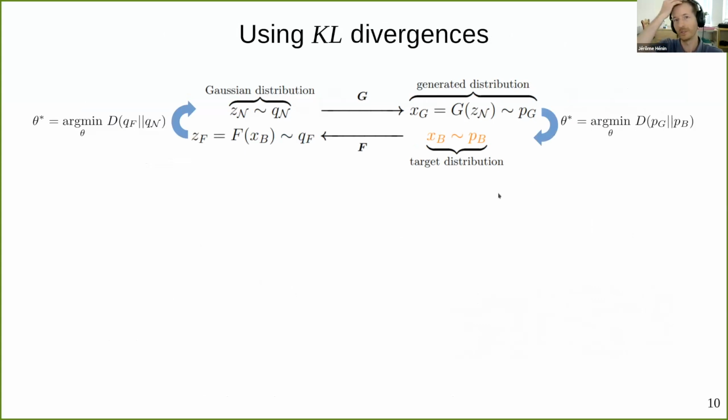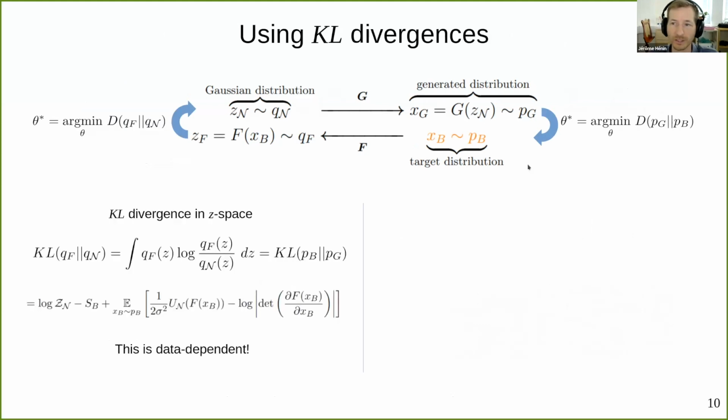Maybe getting more precise: to train, you need losses, and right now we have two spaces. In the target space, you want the generated probability PG to approach PB, and in the latent space you want QF, which is what you get if you take Boltzmann and map it to the latent space, to approach a normal distribution.